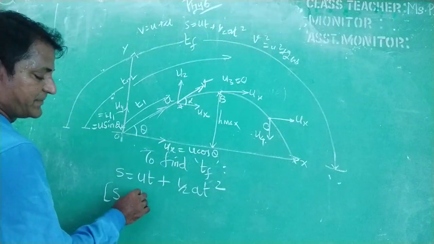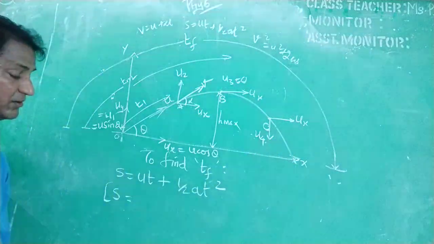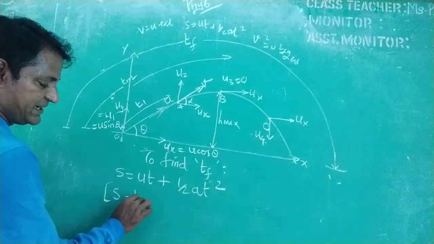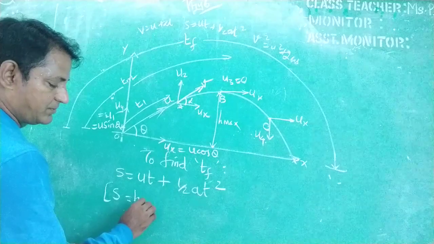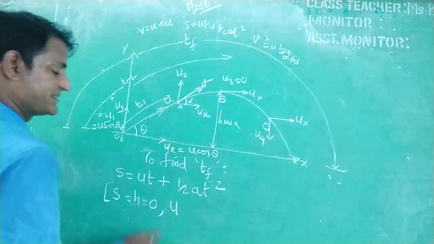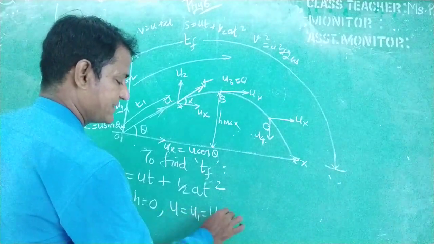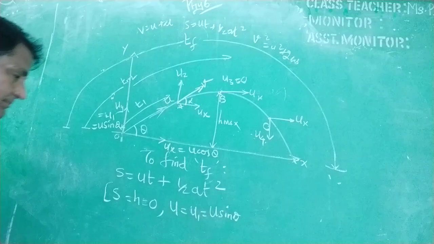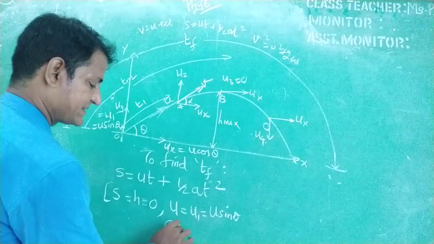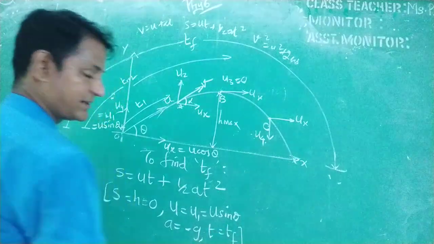Here when it reaches the ground, the height will be equal to 0. And u is the initial vertical velocity, which is nothing but u1, that is u sin theta. a is again minus g. t is tf, the time of flight.